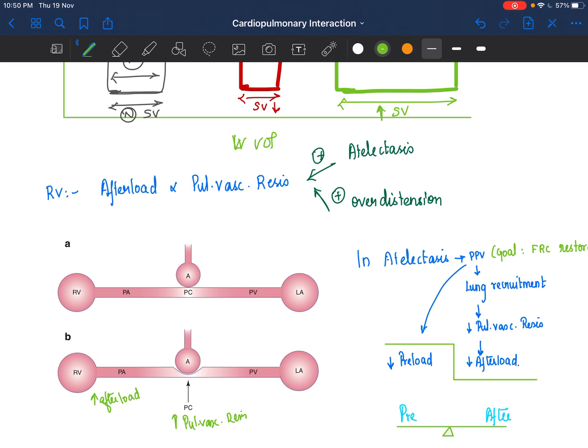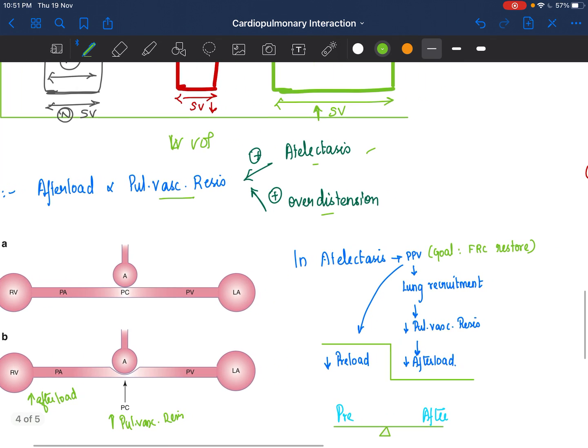This is a condition where your lungs are pretty okay. But imagine another condition where you have an atelectatic lung or an overdistended lung. Overdistension and atelectasis both can cause an increase in pulmonary vascular resistance. Let us take the example of atelectasis, where pulmonary vascular resistance is increased. If you give positive pressure ventilation to restore your functional residual capacity, there is more lung recruitment, and the pulmonary vascular resistance improves.